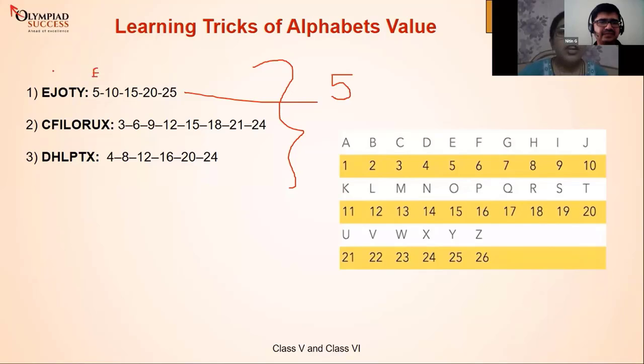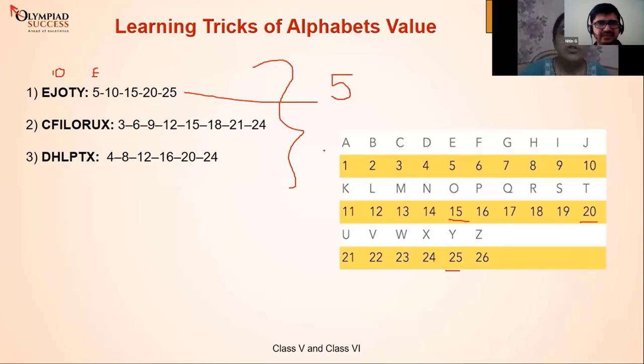Similarly, for J we have 10, for O we have 15, for T we have 20, and for Y we have 25. That means 5, 10, 15, 20, 25 are all regular multiples of 5, and so EJOTY is a really very easy and common method to find out the place value of different alphabets.